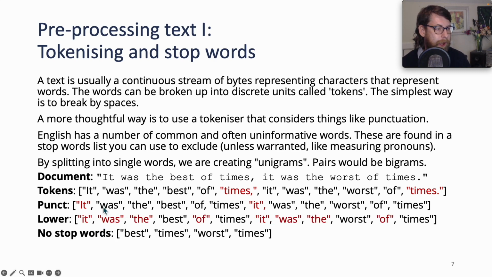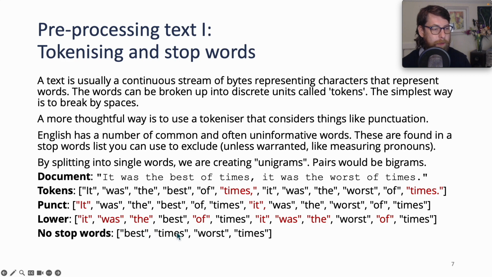Now, once we have them in lowercase, as you can see here, all of our words are alright, but we have a bunch of stop words in there that aren't really very informative. And so if we remove them, what we're left with is best times, worst times. Of course, we can reduce that even further down to best times, worst.